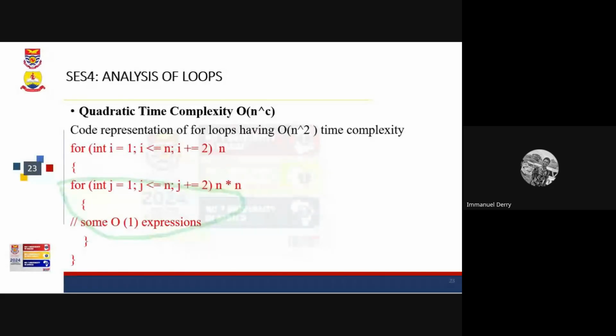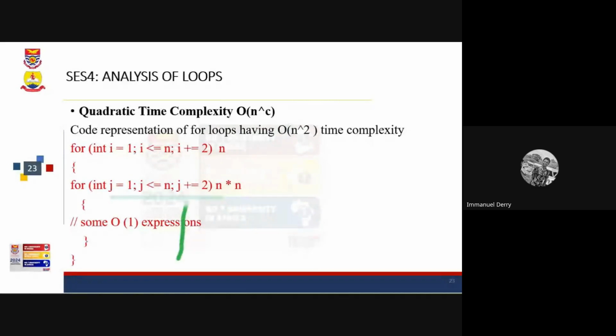And we learned earlier that this one ran n times. So obviously, if this one ran n times, then the one inside is also going to run n times. That is, when this one ran once, this will run twice. I hope we are clear.